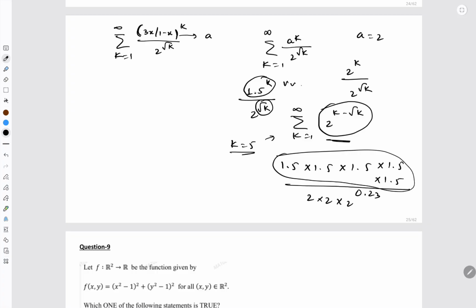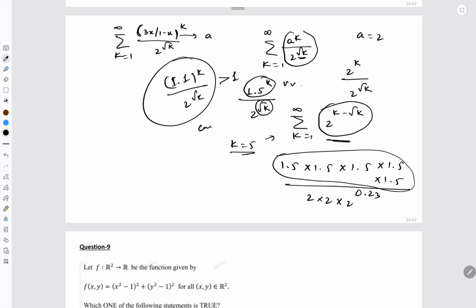Here there is an under root k, that is why this problem is happening. If you take any number just greater than 1, 1.1 even, this thing will be greater than 1 and will not converge to 0. For the series to be convergent, this quantity must converge to 0.